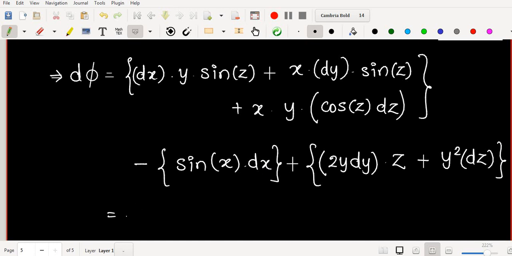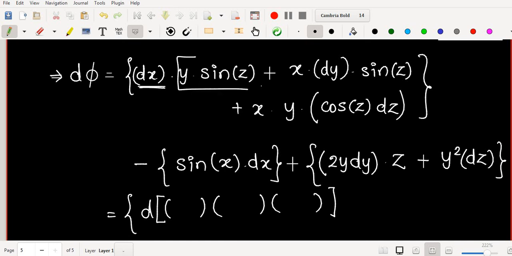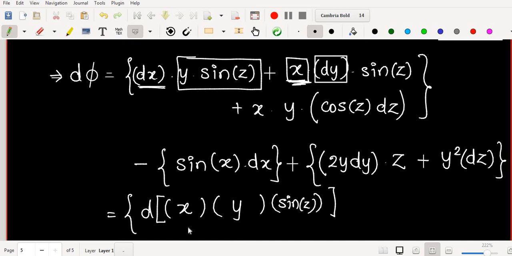For example, if you consider first bracket, then we must rewrite it as derivative of product of three terms. If you take derivative with respect to x, the remaining two terms are kept unchanged. So this will be y into sin z. While you take derivative of second term, first term is unchanged. So your first variable will be xy.